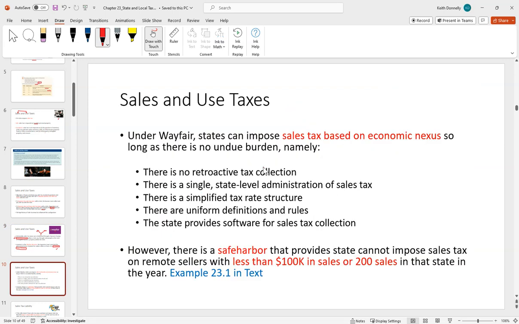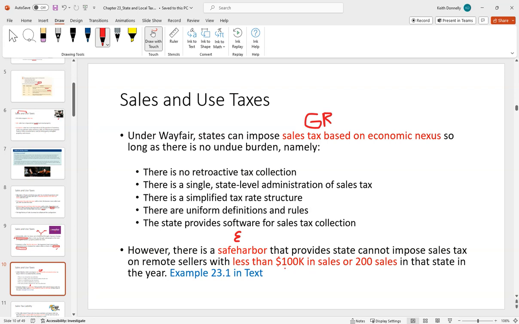And in this framework, states can impose sales tax based on economic nexus, basically as long as there is no undue burden, right? You can look and see what those ideas are, but the general rule is going to be sales tax is going to be allowed for economic nexus. The exception is going to be a safe harbor.